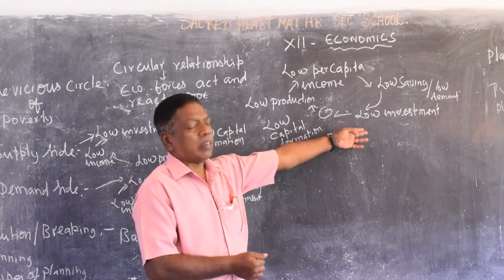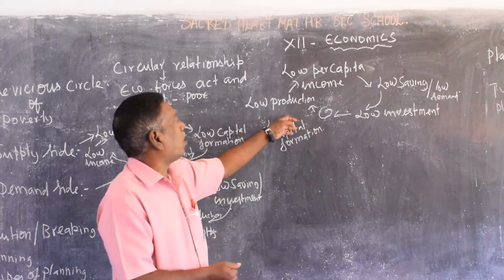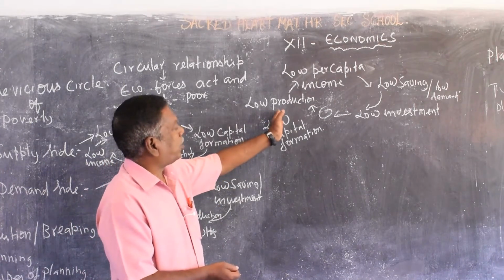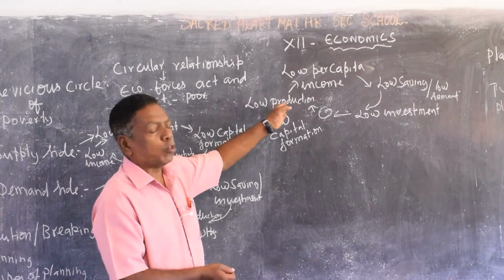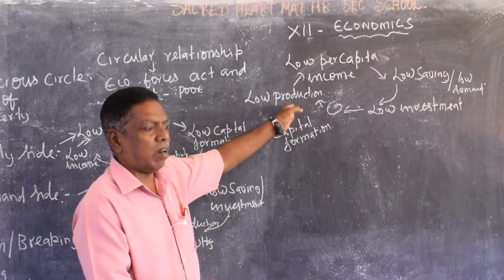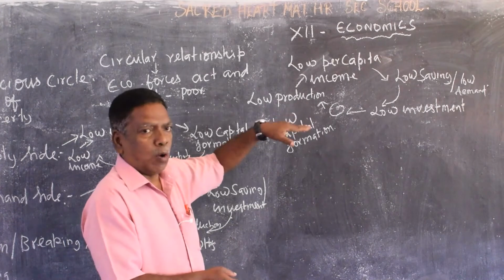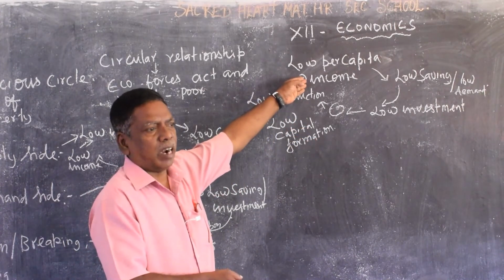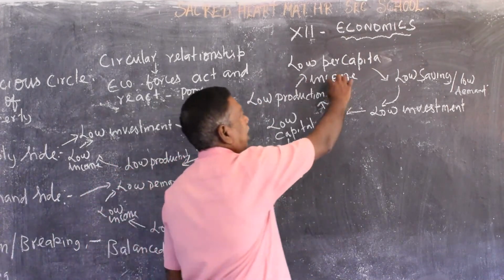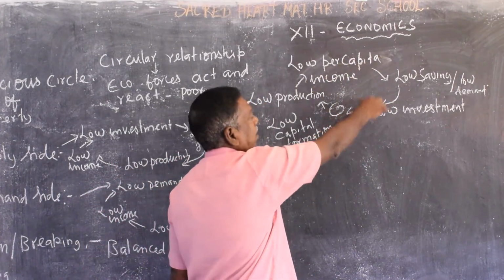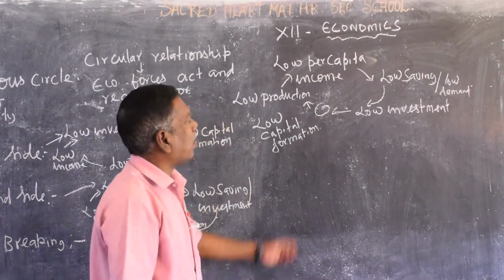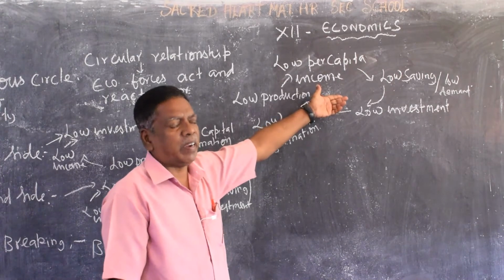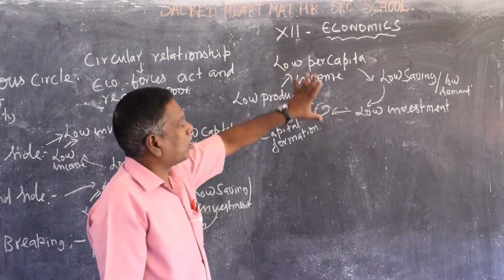When the investment level decreases, it leads to low production. When there is low production, the factors employed get their reward, and the real income is at a low level. When the real income is low, once again it is a low per capita income divided by the population. So it will keep on moving inward, towards a doomsday, that is, a low level of economic activity. That is the vicious circle.